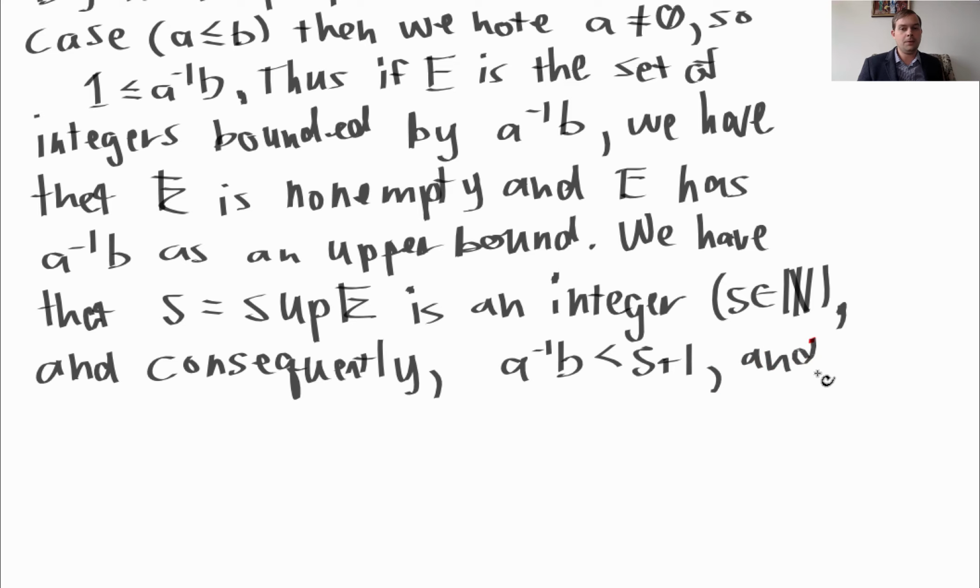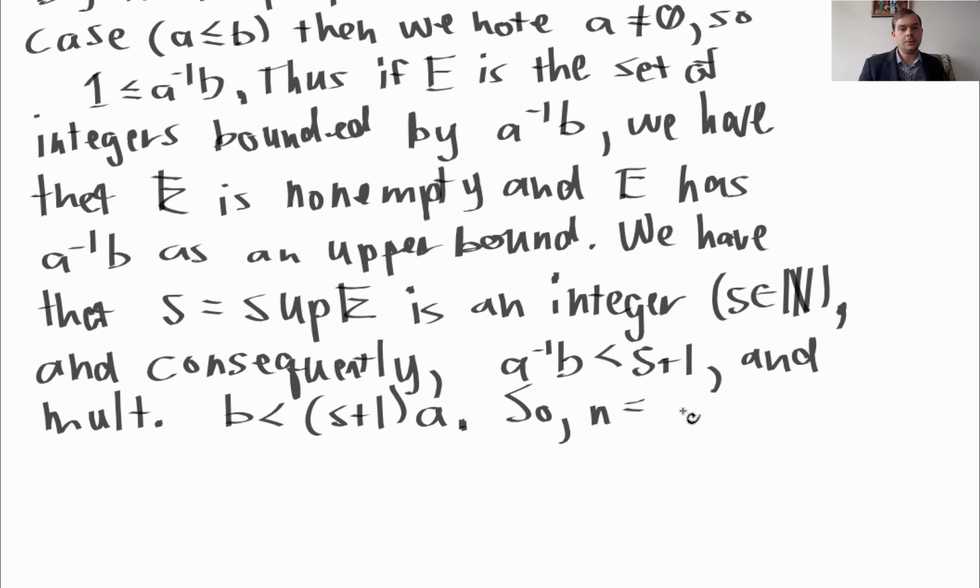And by multiplicativity, we're going to then have that B is less than S plus 1 times A. So n equal to S plus 1 works. And in particular, it's a natural number, which concludes the result.